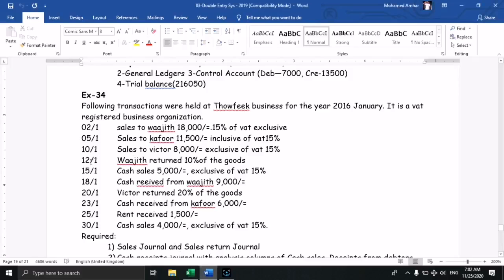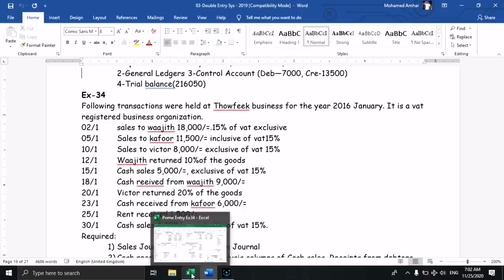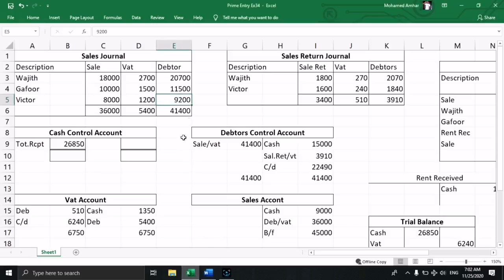And 12. Wajid returned 10% of the goods. So you have to write it in the sales return journal. This is the sales return journal. Wajid returned 10% of the goods.